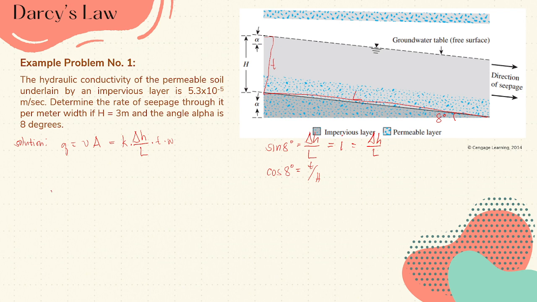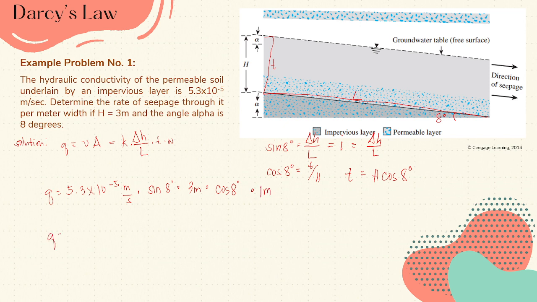So substituting this, you can write 5.3 times 10 raised to negative 5 meters per second times sine 8 degrees times thickness t, where thickness t is equal to h cosine 8 degrees, in which h is equal to 3 meters, times the width of 1 meter.